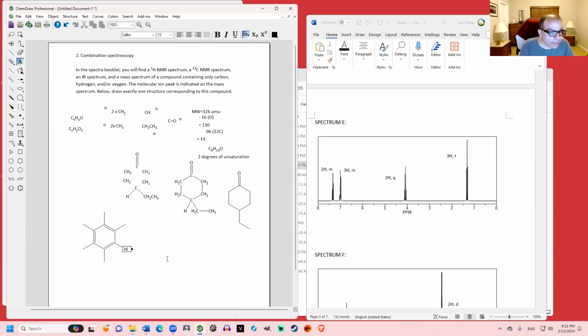There's a total of 5 aromatic hydrogens, 1, 2, 3, 4, 5, and then some other group. Is that what you meant? Yeah, I would say I knew it from the chemical shift and from the integrals, but mainly from the chemical shift.